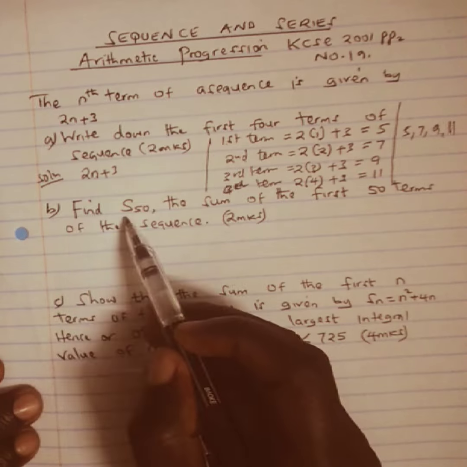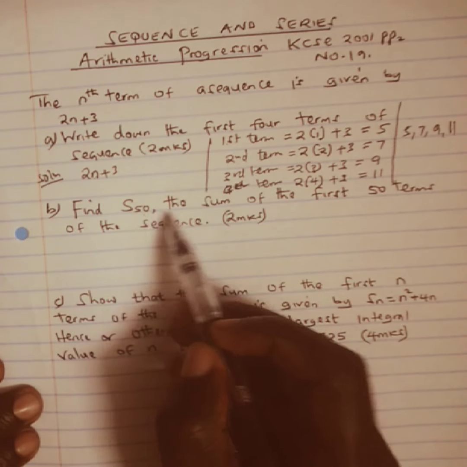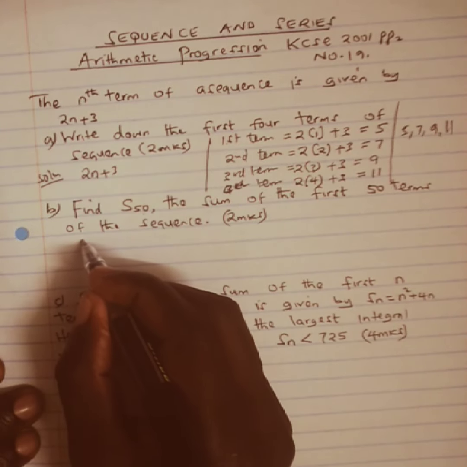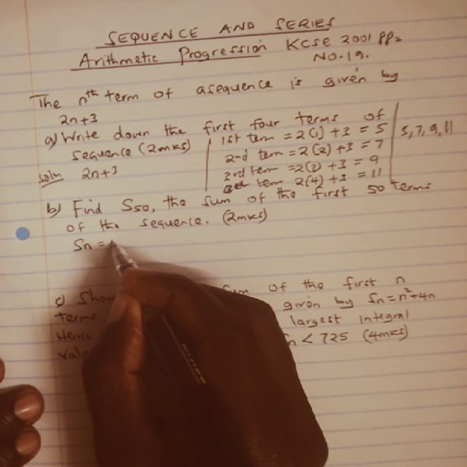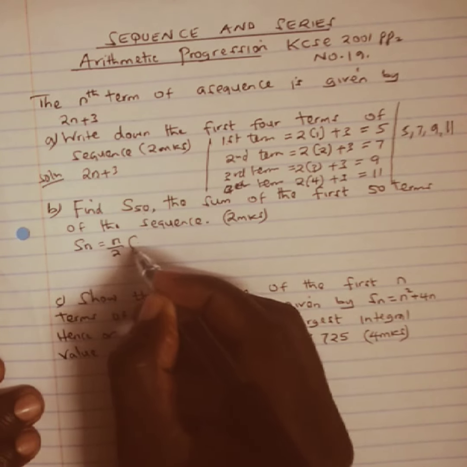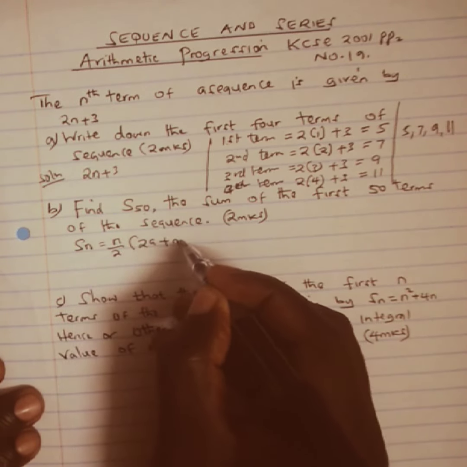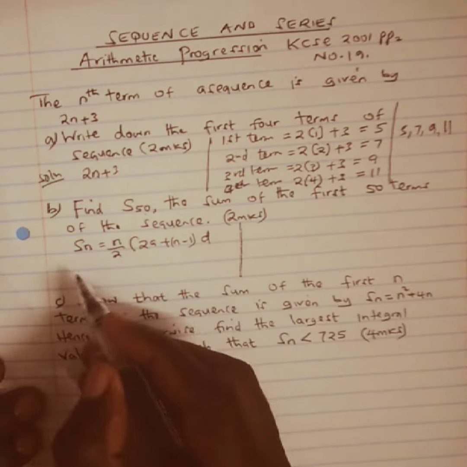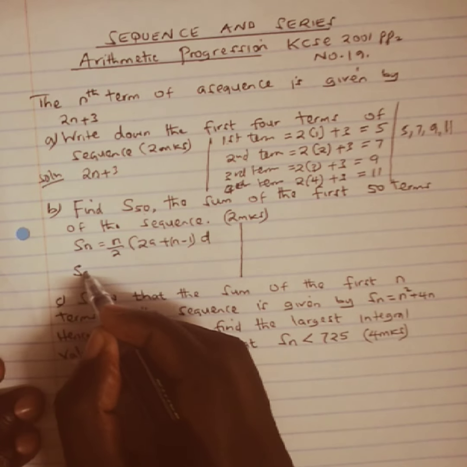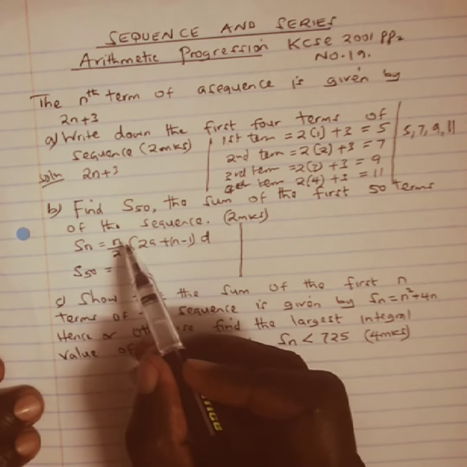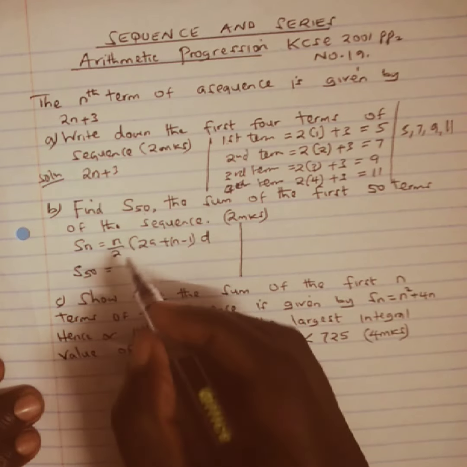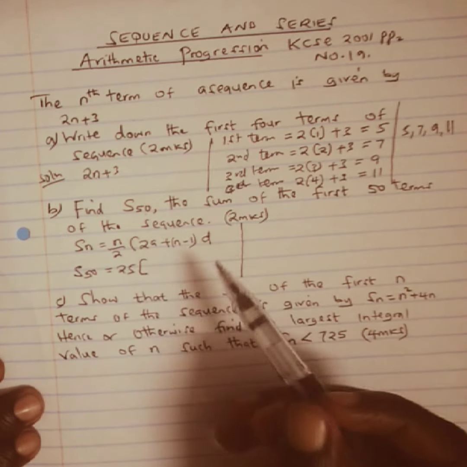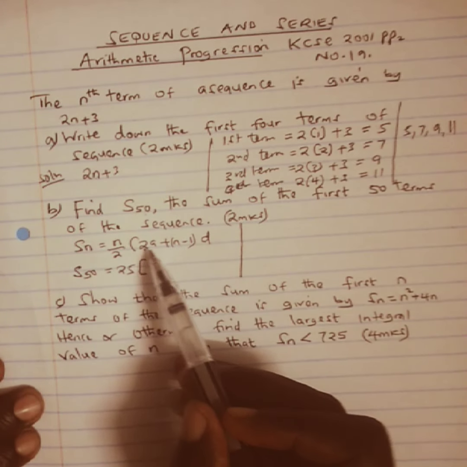Part B, find the sum of the first 50 terms of the sequence. In this case, to get the sum of any terms, we know we use n divided by 2 into 2a plus n minus 1, multiplied by d. We know we are looking for the sum of 50 terms. This one is going to be equal to n is 50 divided by 2, you get 25 into 2 times a.